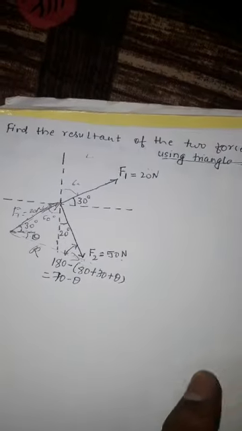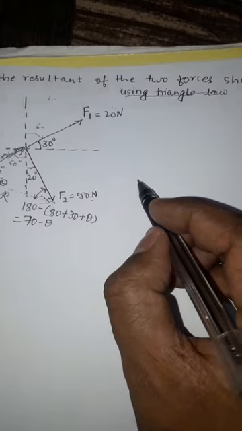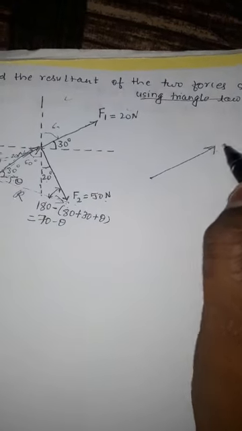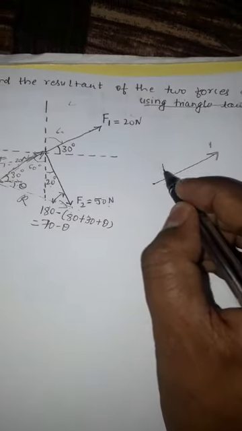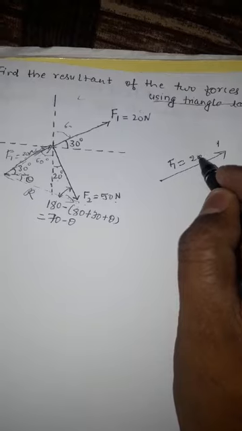Now I am going to draw the phase diagram for the diagram which I have drawn here. So this is a force F1, which is equal to 20 Newton.